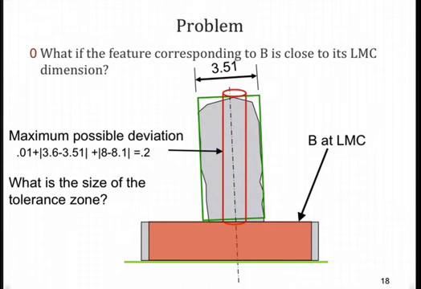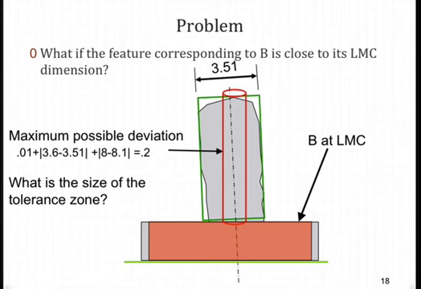Well, we have a similar problem as in the previous example, only now the problem is not the feature itself, but it is the contribution of datum B. So what if datum B, which is a feature of size, is close to its LMC dimension?